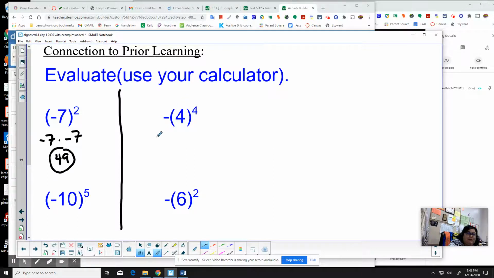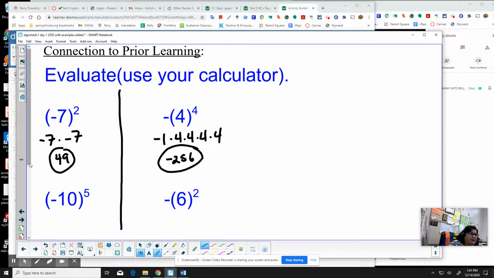Over here, this one means -1 because there's a 1 outside the parentheses, and then you're multiplying 4 to the fourth. We just saw that 4 to the fourth was 256, and then times -1 would be -256. And again, if you are typing it into a calculator, you must type it exactly like it's written. You have to use the parentheses.